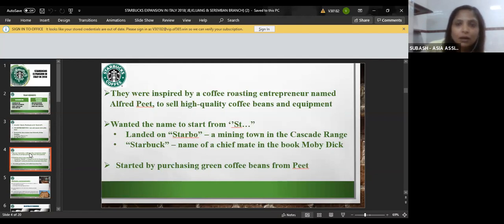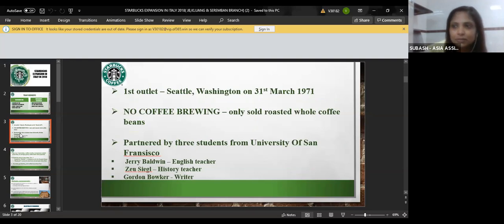The first outlet was opened by three partners, former students of the University of San Francisco. One of them was English teacher Jerry Baldwin, Zev Siegel was a history teacher, and Gordon Bowker was a writer.